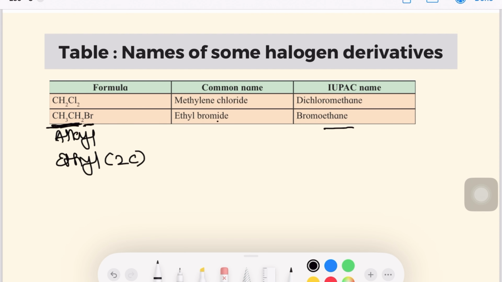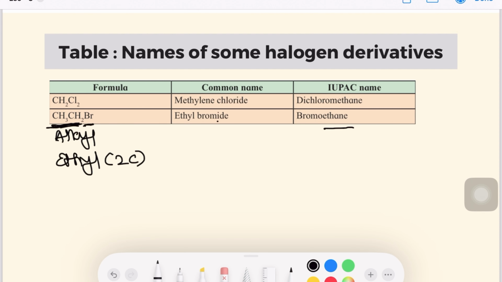CH3CHClCH3, which is known as isopropyl chloride in common names. Let us draw the structure of this: Cl, here CH3. How many carbon atoms are there? 3, 1, 2, 3. The structure in which a single carbon atom is attached to two alkyl groups, R and R, such a functionality starts with the name isopropyl.